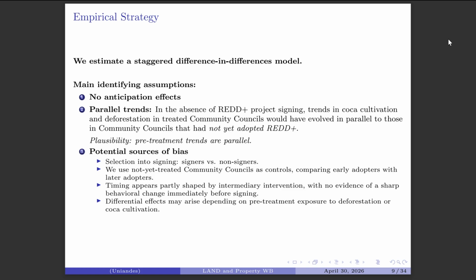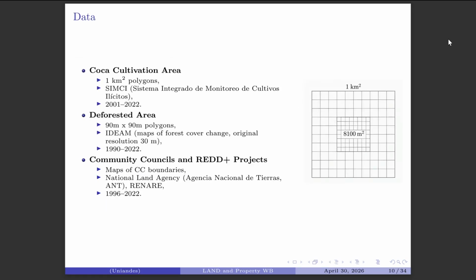The third element is that timing appears partly shaped by intermediary intervention, so there is no evidence of a sharp behavioral change immediately before signing. And the last one is that we test for differential effects depending on pre-treatment exposure to deforestation and the extension of coca crops.